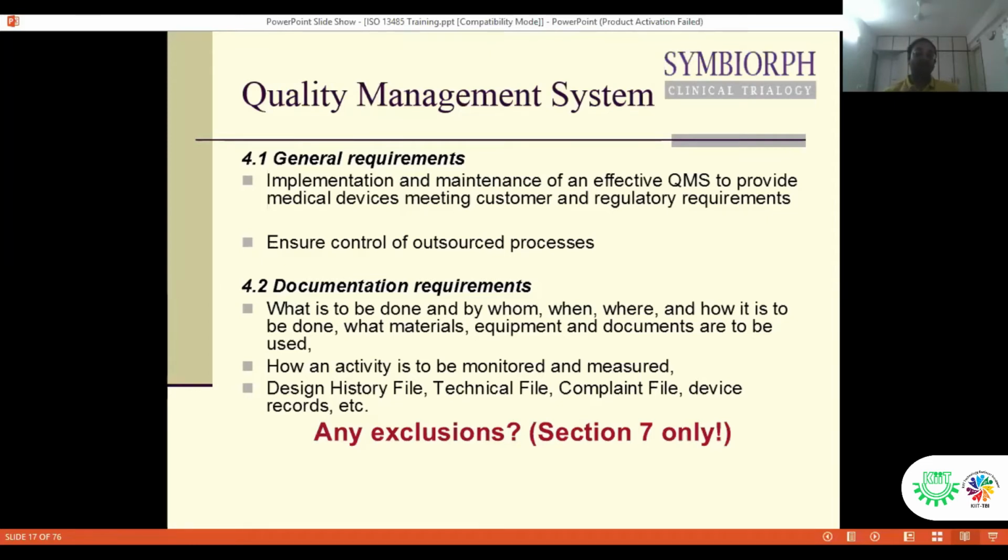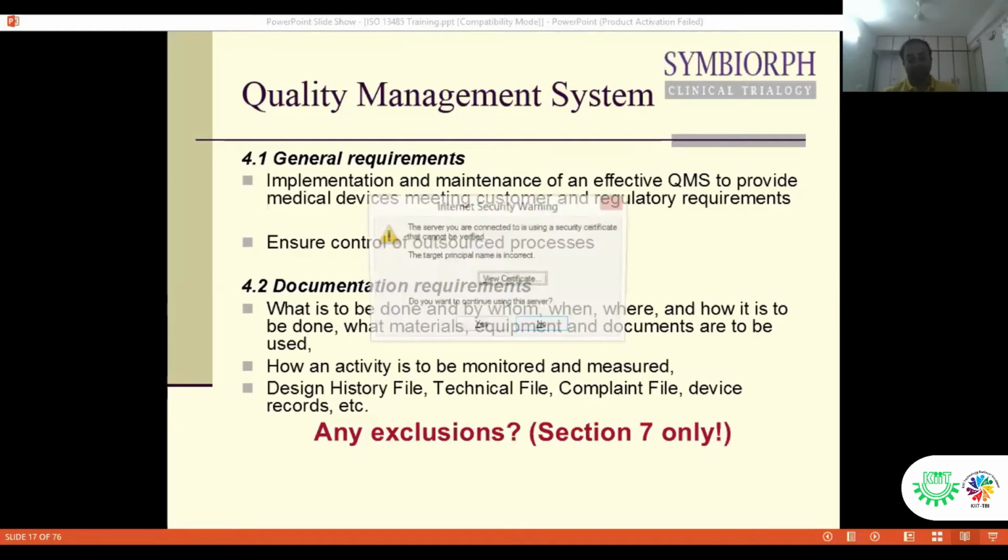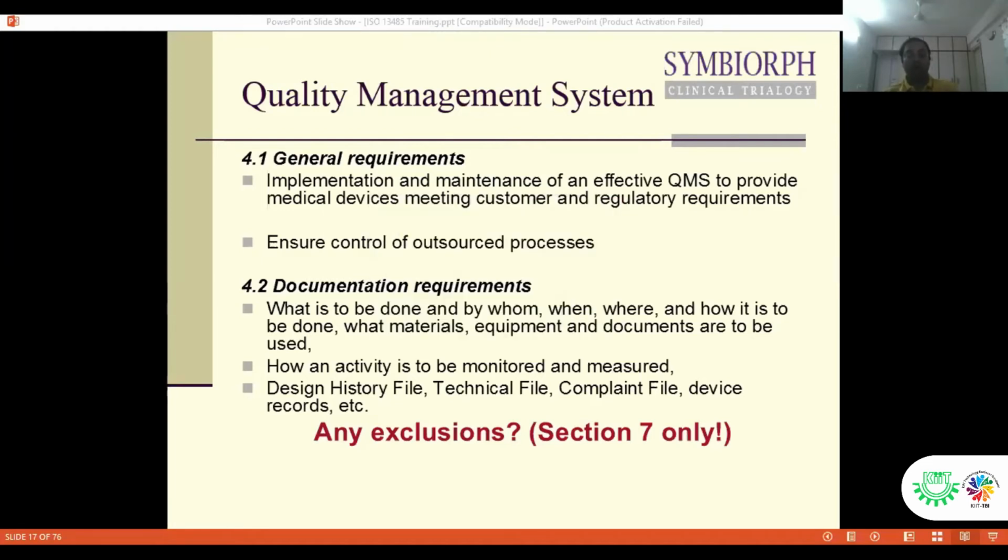The third very important document which you have to have under the clause requirement is the list of all the outsourced activities. Suppose you are outsourcing the manufacturing to some other company. So you have to list that you are outsourcing the manufacturing activity to different companies.